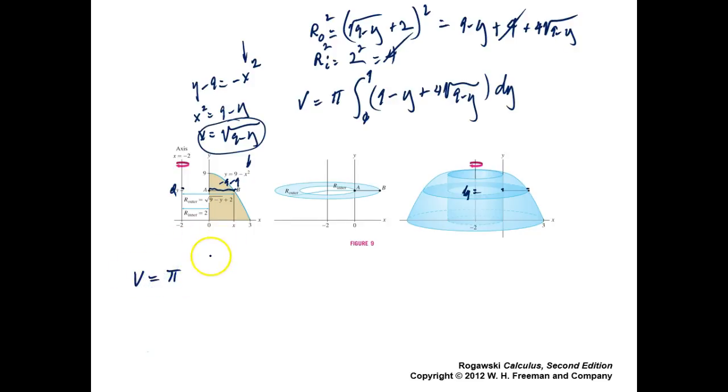Let's split out and do this part, 0 to 9 of 9 minus y dy. And then do a plus 4 pi times the integral of, like you said, 9 minus y to the 1/2 dy.